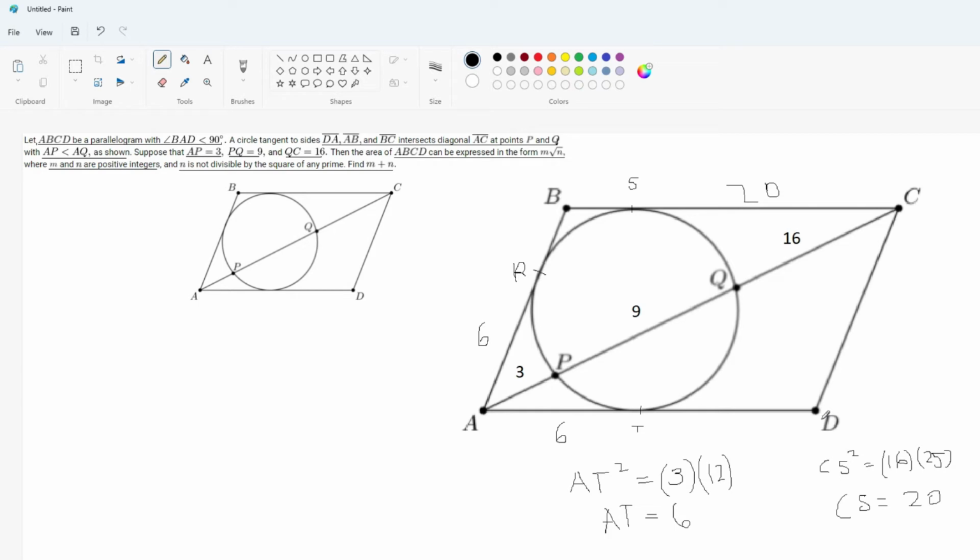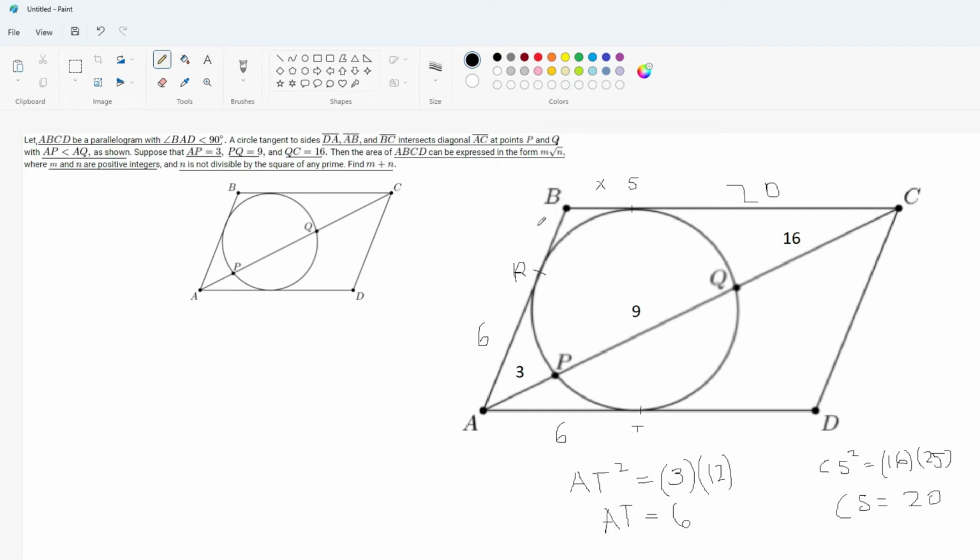So I feel now would be a useful time to use a variable so that we can represent almost all the lengths in terms of a common expression. So let's say that BS is x. By the property that tangents to the same circle from the same point have to have equal lengths, we know that BS is equal to BR.